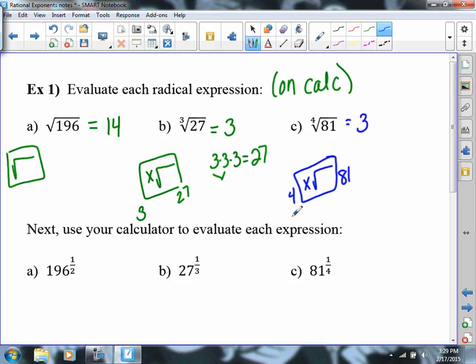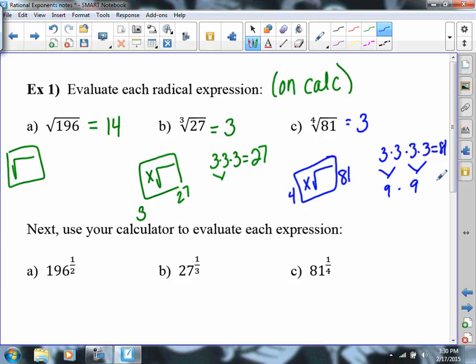So if you're not getting 3 when you type in this sequence, you might have to switch it so that you're doing 81 and then the button and then 4. And again, this means something times itself 4 times gets you 81. And 3 times 3 is 9. And then you've got 2 sets of 9s there. 9 times 9 is 81.